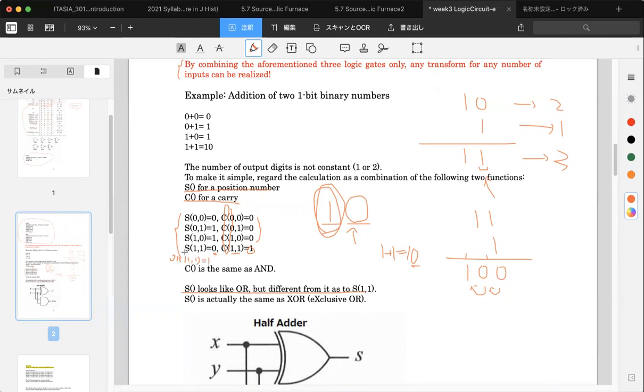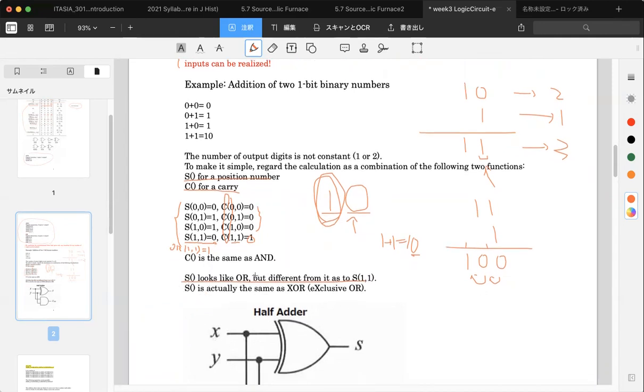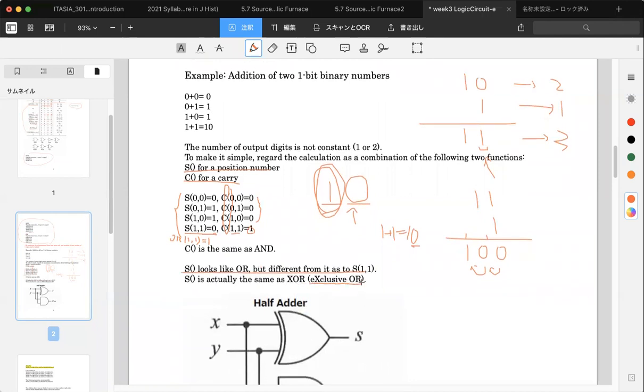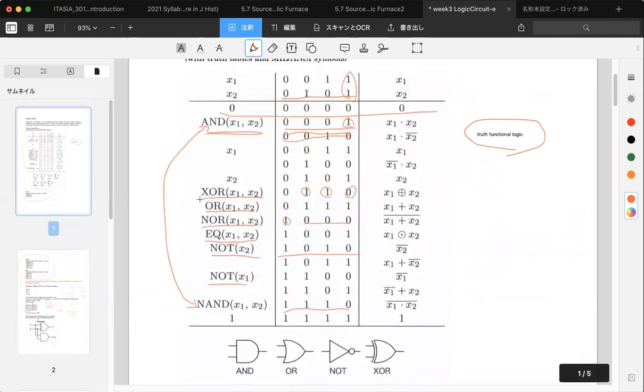But in the case of the S system, because it's a position number, if it's 1 1, we need to move on to the next position, so it becomes 0. So in this case they are different. It's not OR, it's actually the same as XOR, so it's exclusive OR, like the thing here.